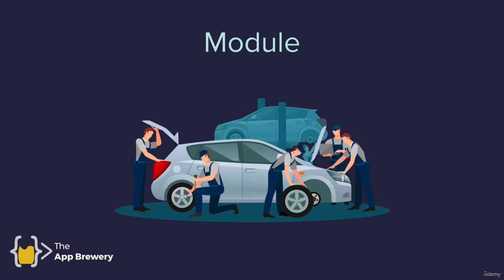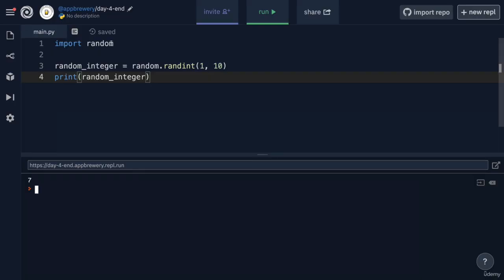And then once they put everything together, you end up with the final car, or in our case, the final program. So we know that the random module is a module that the Python team created to make it easier for us to generate random numbers without needing to get into the complexities of all the math that's required to generate pseudo-random numbers.